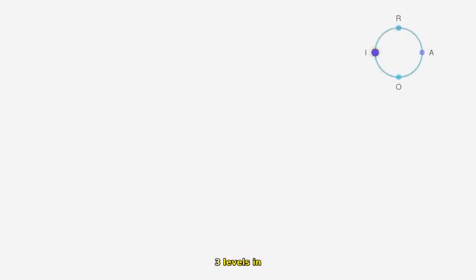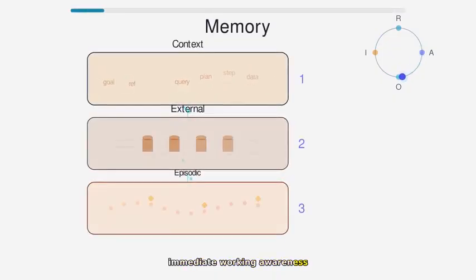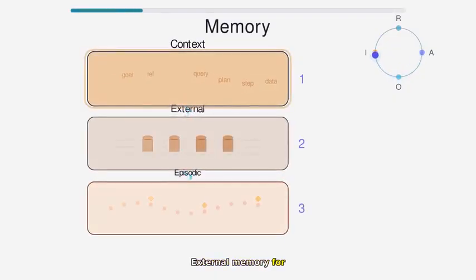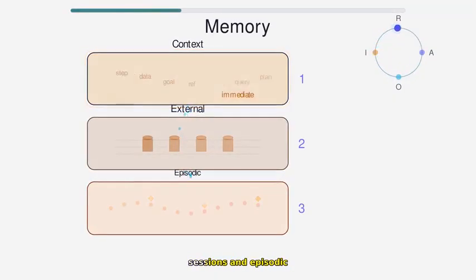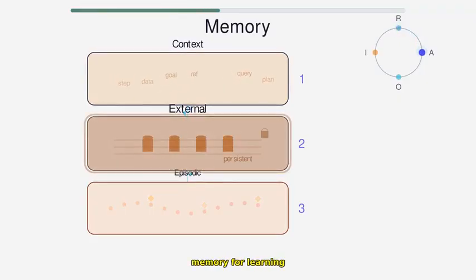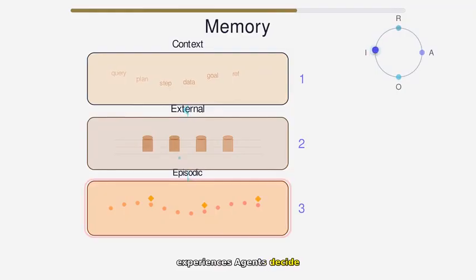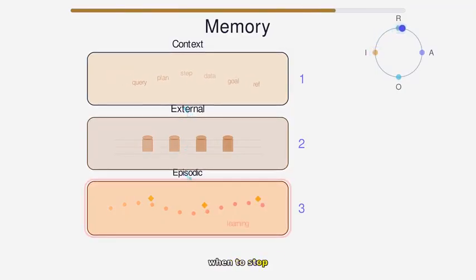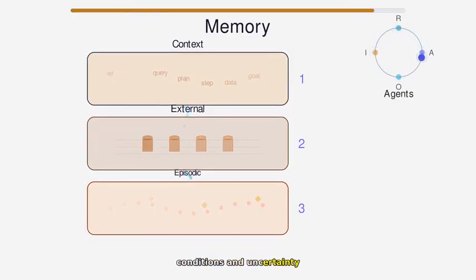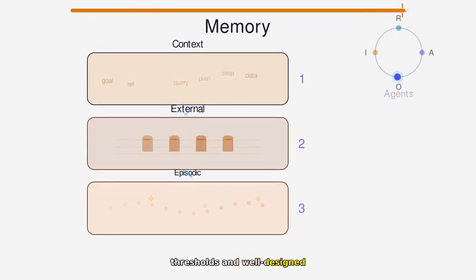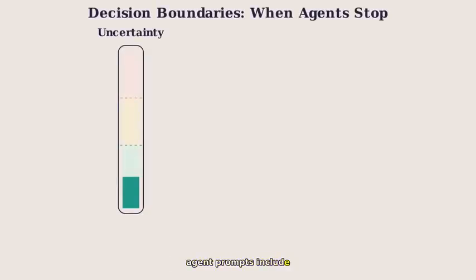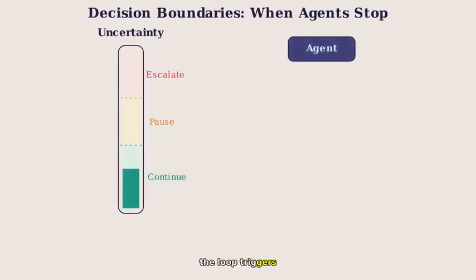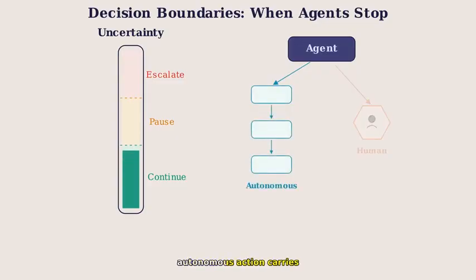Memory operates at 3 levels: in-context memory for immediate working awareness, external memory for persistent knowledge across sessions, and episodic memory for learning from past task experiences. Agents decide when to stop based on completion conditions and uncertainty thresholds. And well-designed agent prompts include explicit human-in-the-loop triggers for situations where autonomous action carries significant risk.